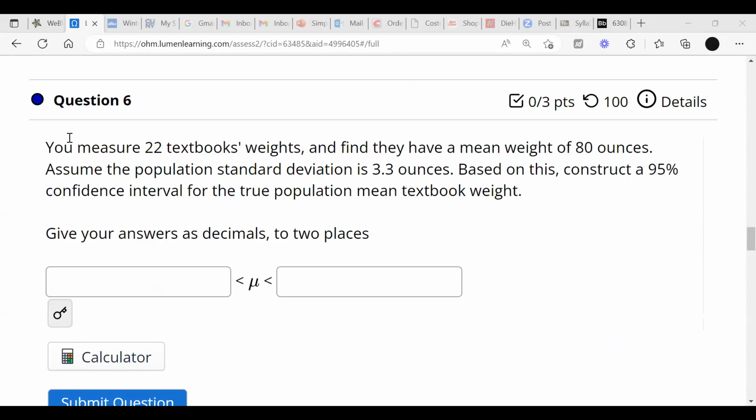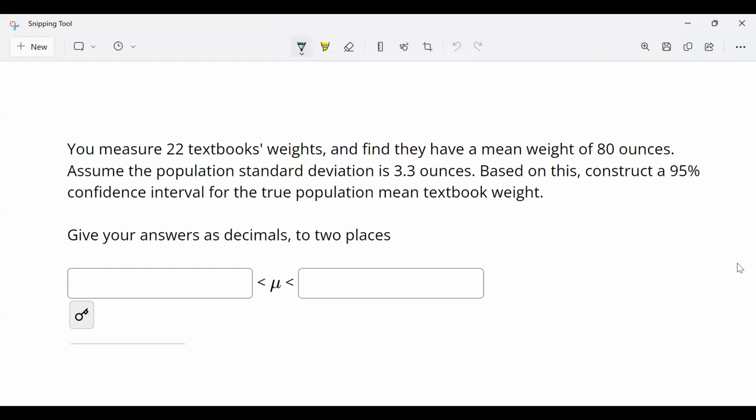Okay, so we measured 22 textbook weights. That means the sample size is 22. Label all the information here, and the average weight, so the sample mean, is 80 ounces. We are given a population standard deviation, which indicates we are using the critical z-score.